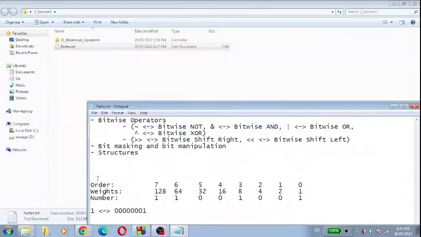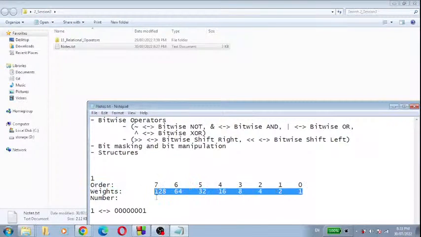I have 1 here, for example. So what I need is to form 1 from these powers or weights. What is the biggest number here that could be subtracted from this number? Actually none of these numbers could be subtracted except this one.